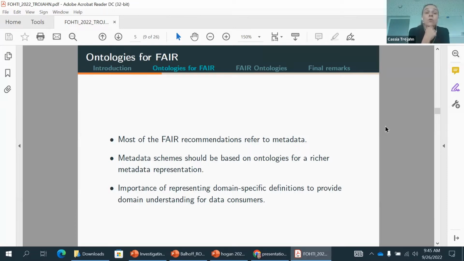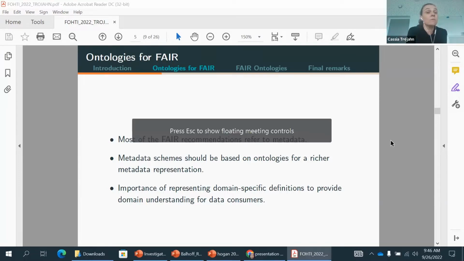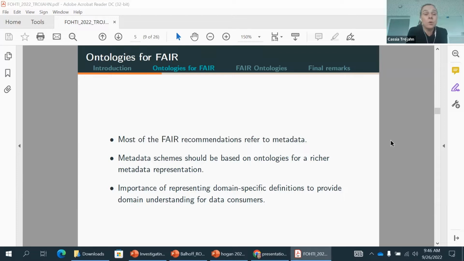And also one point here: in order to make data interoperable, you have to have ontologies, but it's not enough to have ontologies that are limited to describing the descriptive metadata, as for example author, provenance, etc. Also, as you have discussed in our workshop, you need domain-specific descriptions and domain-specific ontologies in order to make data sets interoperable, and to provide reusability.